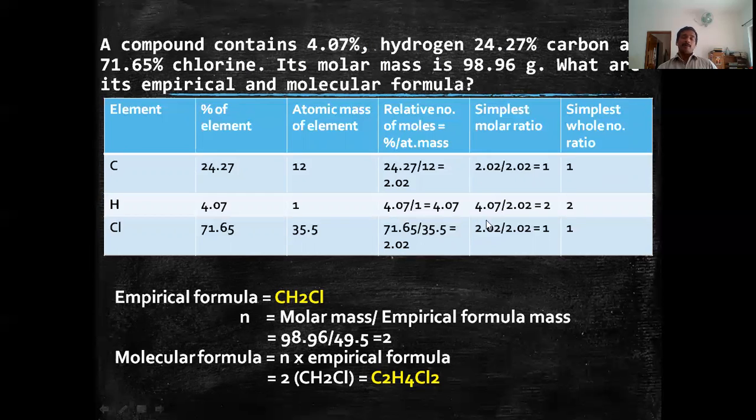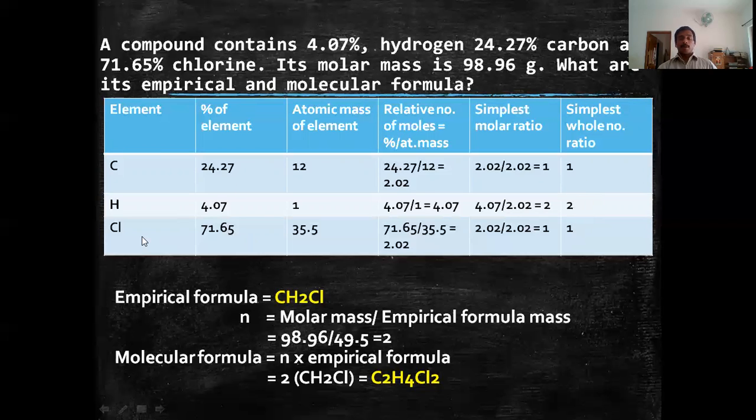Here when you compare the relative number of moles, we can see 2.02 is the smallest. Divide all relative number of moles with the 2.02. 2.02 by 2.02, 1. 4.07 divided by 2.02, 2. 2.02 divided by 2.02 equal to 1. So relative number of different atoms, 1, 2, 1.